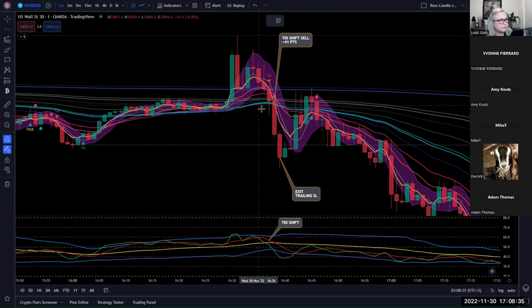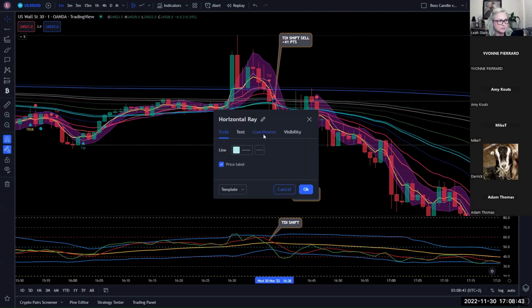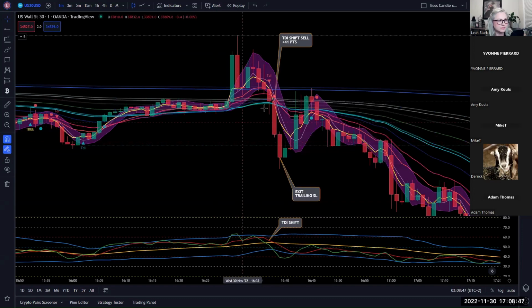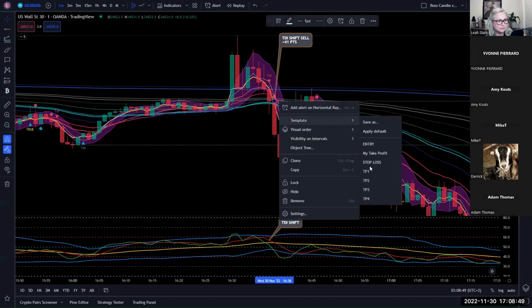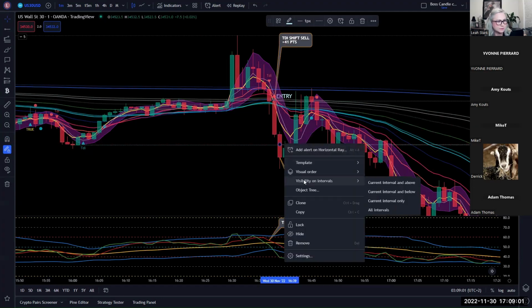Right. So just for the sake of like, if we were pretending here, let's say that we entered at the close of this candle. So that's the open of the next candle. Just so that people can see what you maybe would mark up. And then you can mark maybe another line where you got out. Oh, my magnet's on. Just pretend that we got it there to the end of structure.